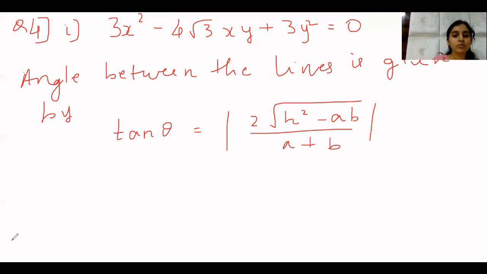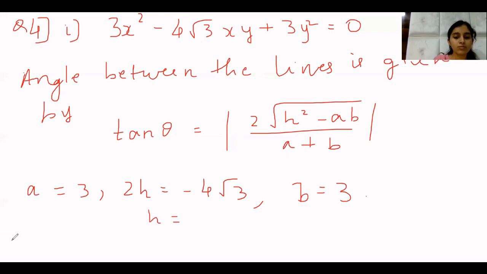Comparing the above equation with ax square plus 2hxy, a is equal to 3, 2h is equal to minus 4 root 3, and b is equal to 3. Therefore, h will be equal to minus 2 root 3. Let us find the value of tan theta now.